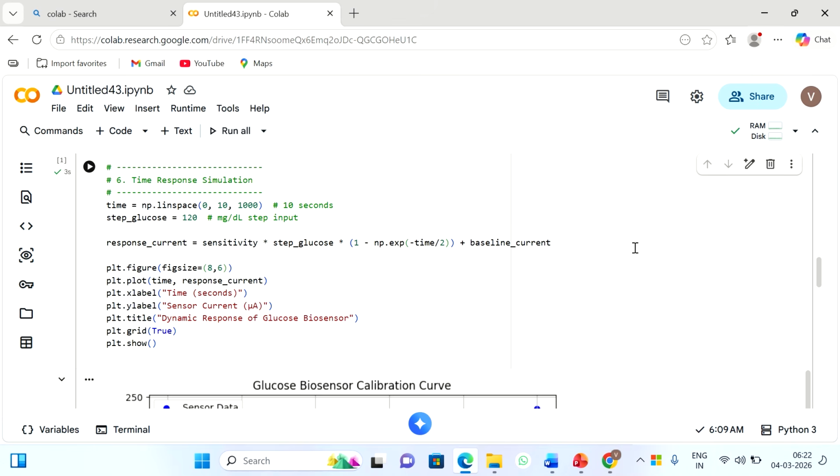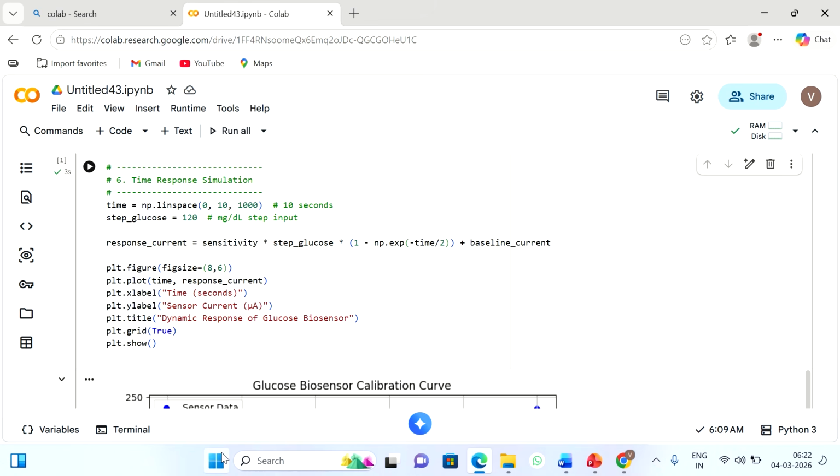The term 1 minus e power minus t by tau, where t is time divided by tau, will give a slow rise.